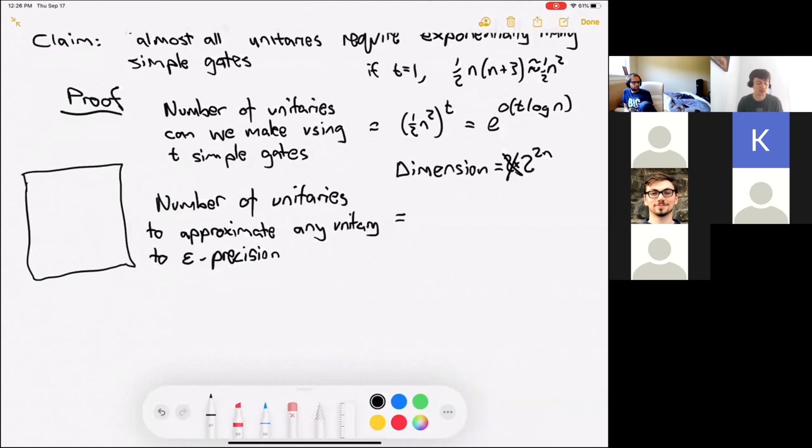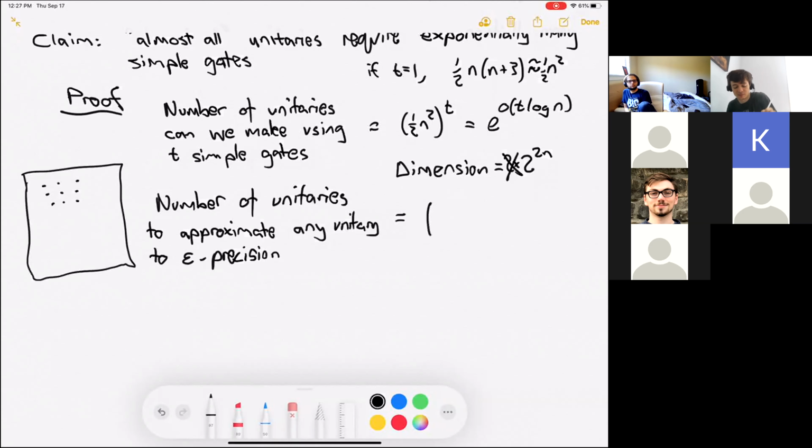Okay. Now what we want to do is we have this space of unitaries. So it has this very large dimension. And we want to be able to make a net of unitaries in this space so that any unitary is epsilon close to some unitary in this net, some unitary in this grid, right? So the grid entries need to be order epsilon apart.